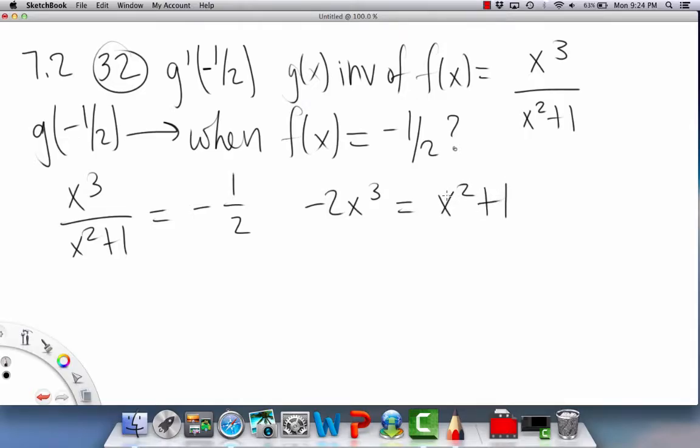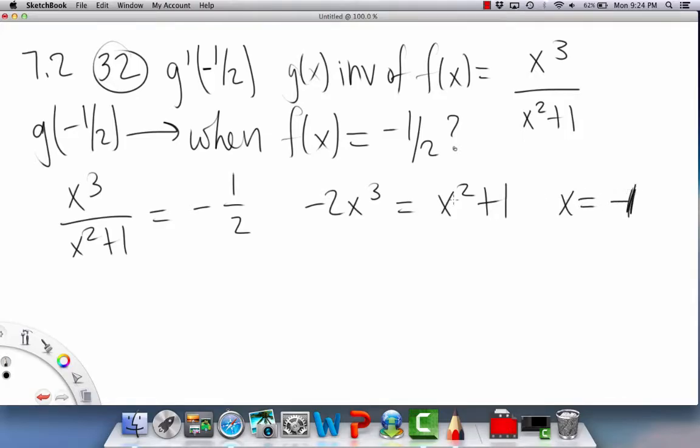When you solve for it, this is true at x equals negative 1.